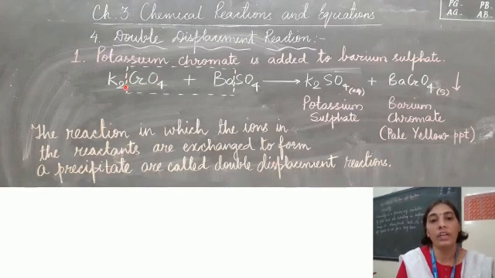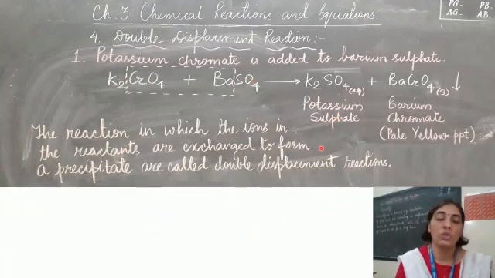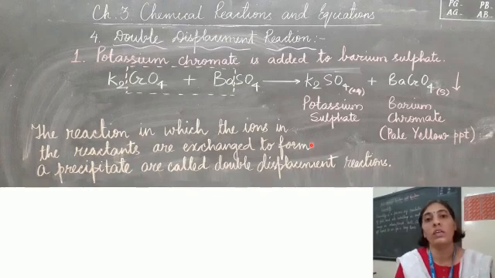So here we can find that the ions are getting exchanged, and it is resulting in the formation of a precipitate. So mostly double displacement reactions are associated with the formation of precipitates. So I hope you have understood the 4 types of reactions that we have studied on the basis of the nature and the number of reactants and products. Now we move on to the next type, that is endothermic and exothermic reactions.